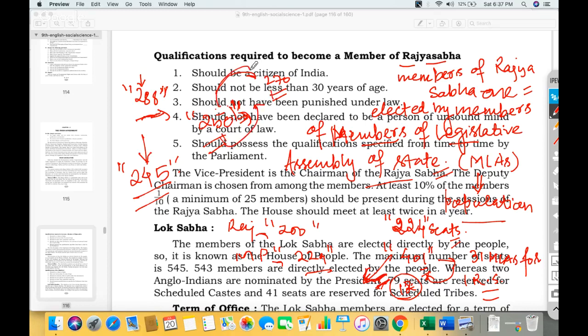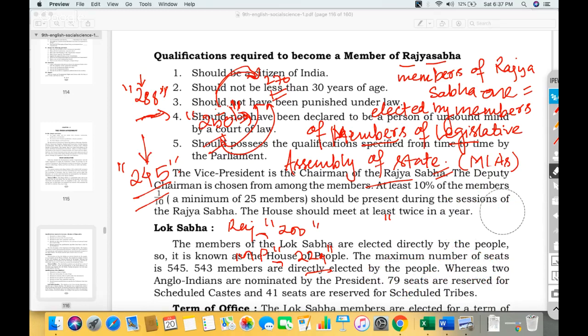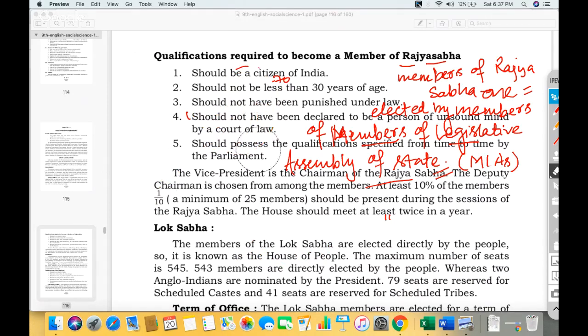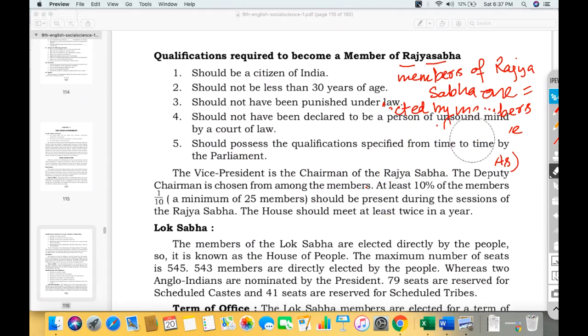People who want to be member of Lok Sabha and Rajya Sabha will wish that the seats keep on swelling and more people keep on coming into Lok Sabha and Rajya Sabha, and hence there would be undue population. So due to that, it has been restricted at 250. So I hope you understood it.